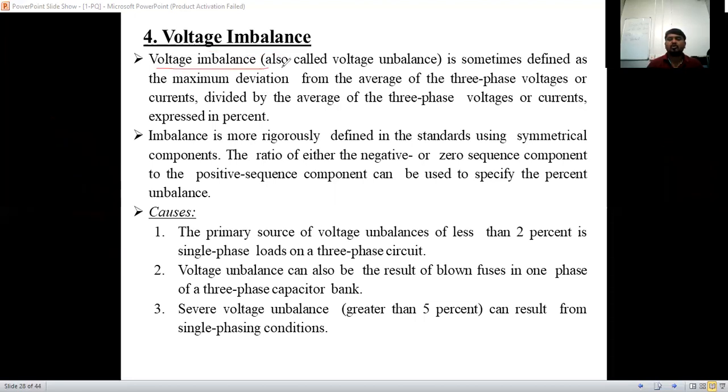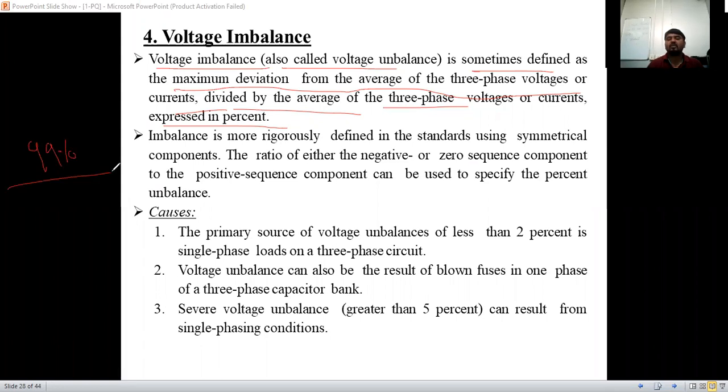Voltage imbalance, also called voltage unbalance, is sometimes defined as the maximum deviation from the average of the 3-phase voltages or currents, divided by the average of the 3-phase voltages or currents, expressed as a percentage. So if 99% are matching, there is no imbalance.